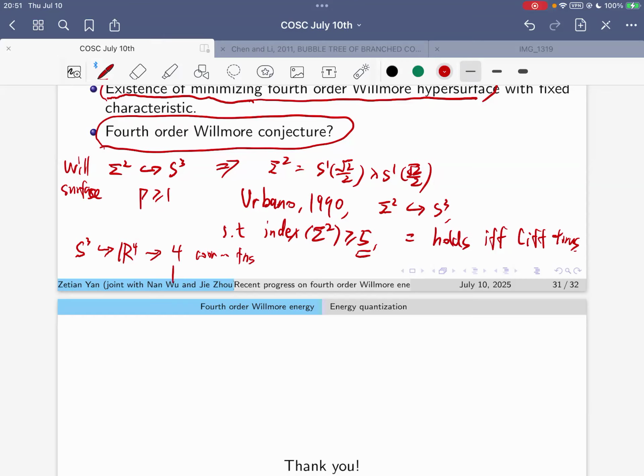Another direction is given by the spherical distance function. So along these 5 directions, the volume of this minimal surface will decrease.